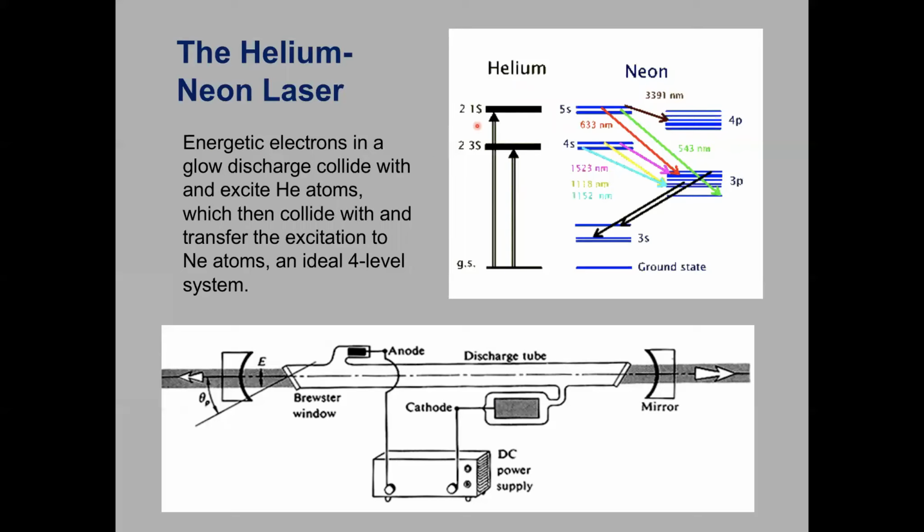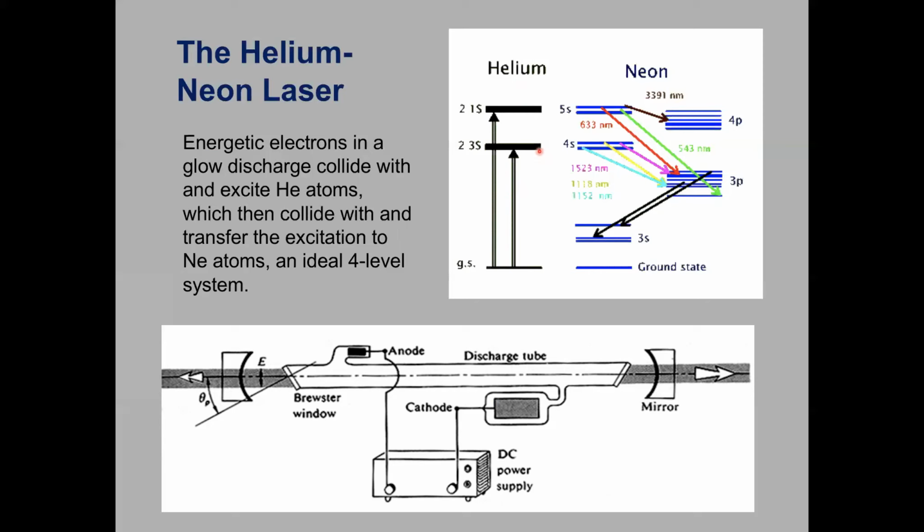The notation here is kind of odd, I'm not sure why the 3s is down here, I'd have to check the source of the figure, but we excite the helium electrons up to these higher energy levels.